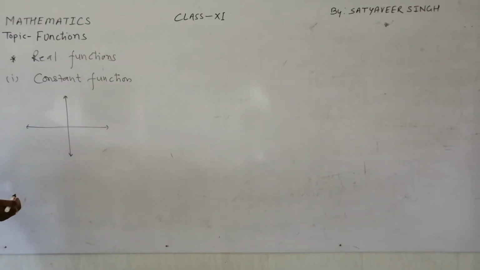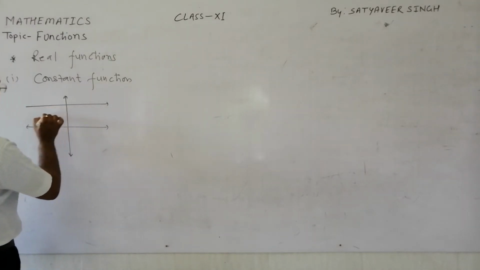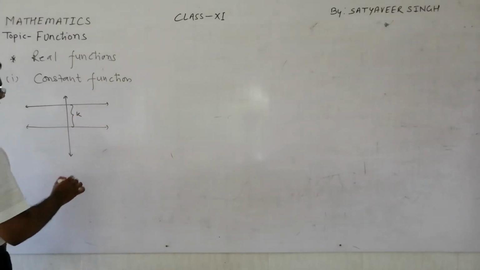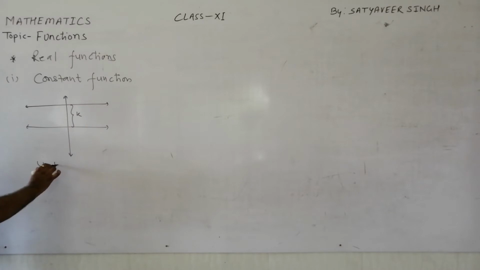These are all constant functions. So I am just simply taking a general example, denoting it by k. The function is y is equal to k. This is the given function.